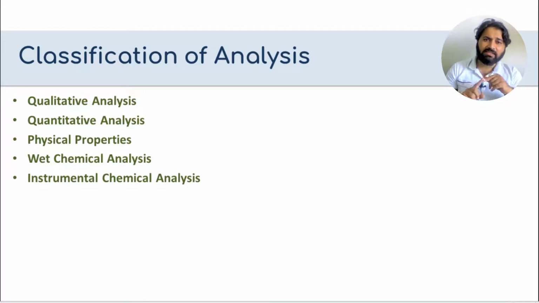Wet chemical analysis techniques are very classical, meaning they were in the analytical laboratory years before electronics came on the scene. If executed properly, they have a very high degree of accuracy and precision. We will come to what accuracy and precision are in the coming sessions, but they take more time to be executed.